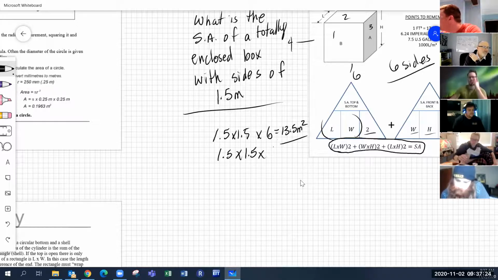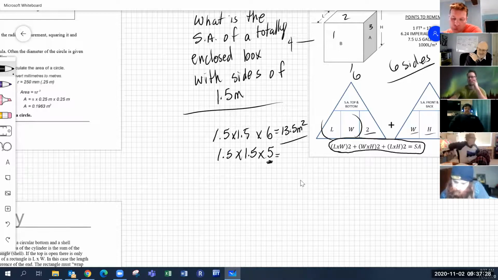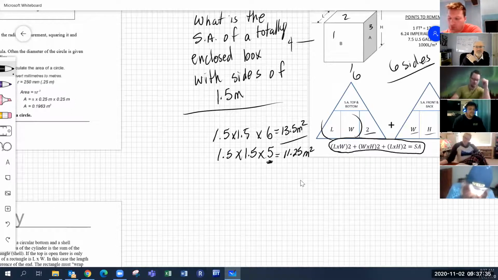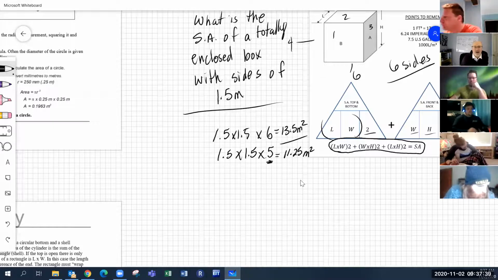So we only have 5 sides. So it's 11.25 meters squared, because there's only 5 sides on an open top box. Okay, we don't need the 6th one.